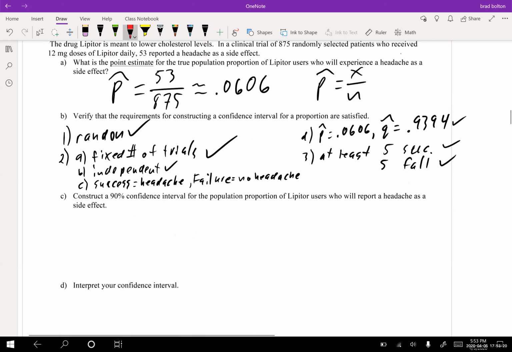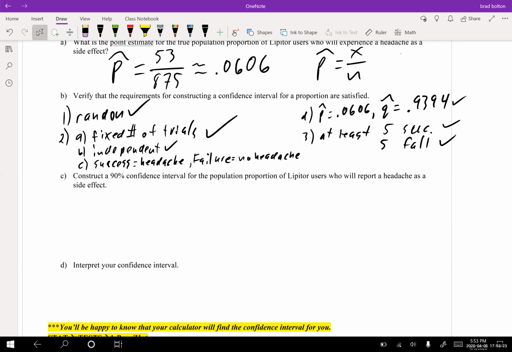Okay, so we're going to come back over here and construct our 90% confidence interval. We know our p hat, so we're going to say p hat plus or minus our error is going to equal our confidence interval. We know that p hat is equal to 0.0606. Now we have to find plus or minus the error.